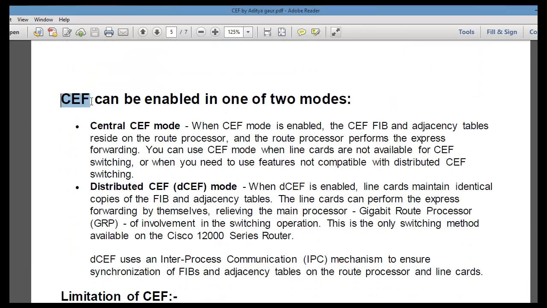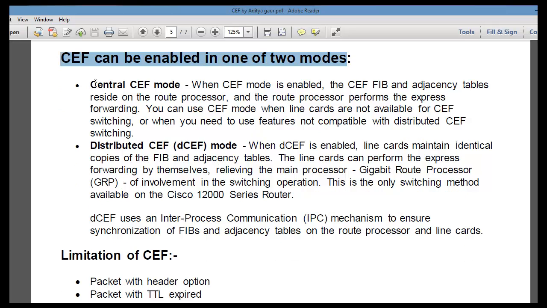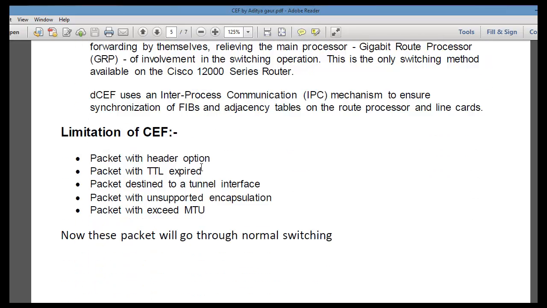CEF can work in two modes: centralized CEF and distributed CEF. What are the limitations of Cisco Express Forwarding? It will not work when a packet has some header option, TTL expiry, a tunnel interface as the destination, unsupported encapsulation, or when it exceeds the maximum transfer unit.